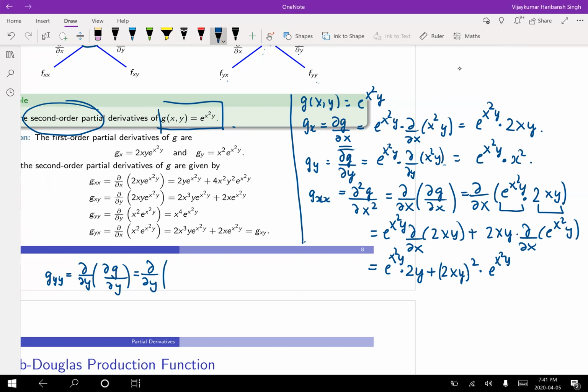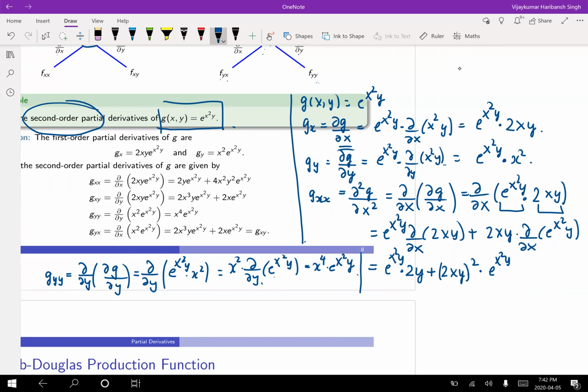So that we have computed: x square y times x square. Now x square is a constant, so it comes out. So x square times the derivative of e to the x square y, and that we have already computed here, isn't it? Because this with respect to y is already computed here. So that is going to be x square times x square, so x to the power 4 times e to the power x square y.